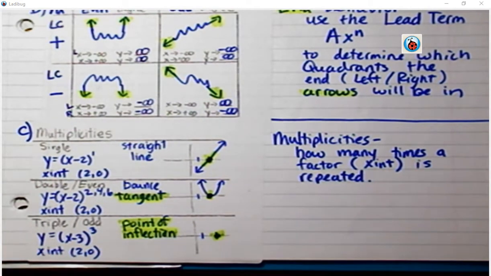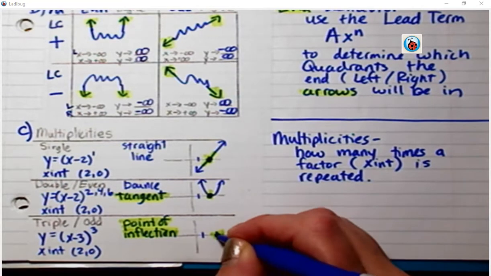A point of inflection actually means changing concavity. So it's going to change from concave down to concave up, or concave up to concave down. The easiest way to draw this is to draw 2 halves of a parabola from the center. Put your pencil on the center.